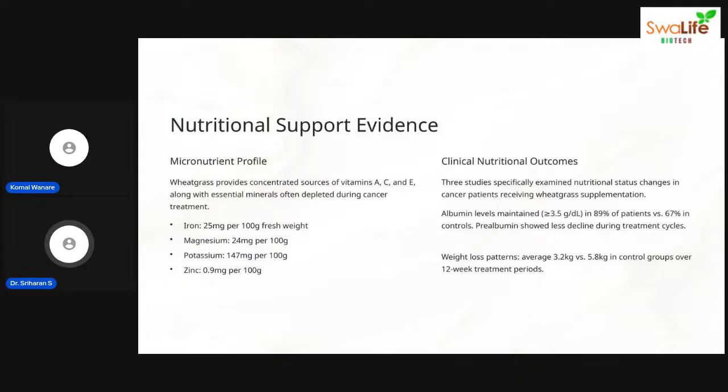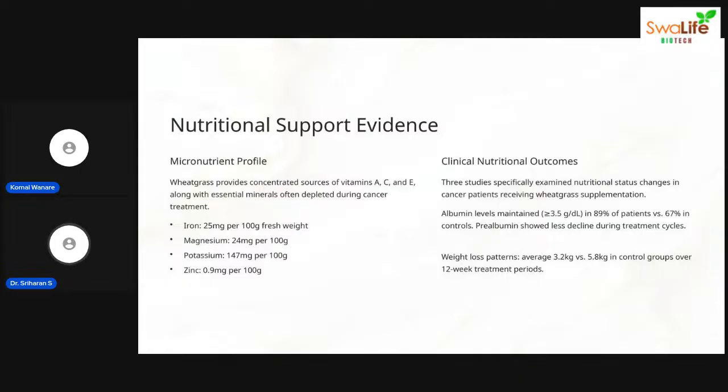In clinical evidence, three studies have been registered on the nutritional status changes in cancer patients after taking a wheatgrass supplement. In these studies, they say cancer patients have malnutrition and nutrient depletion.